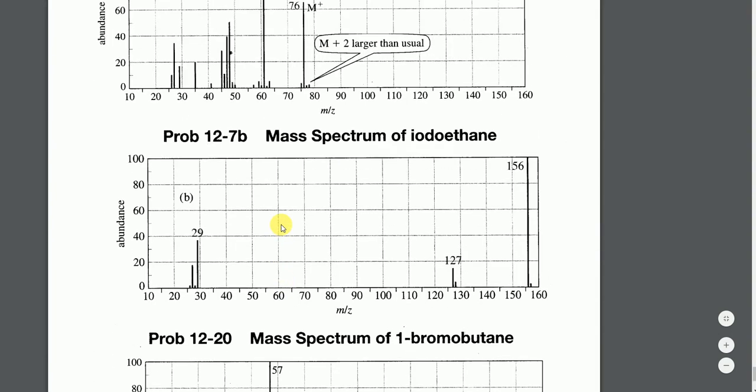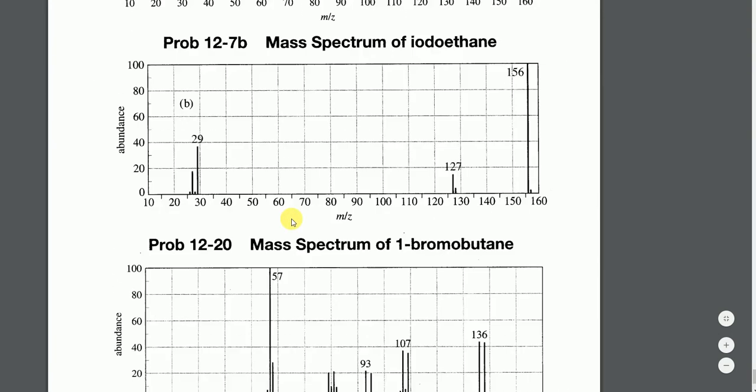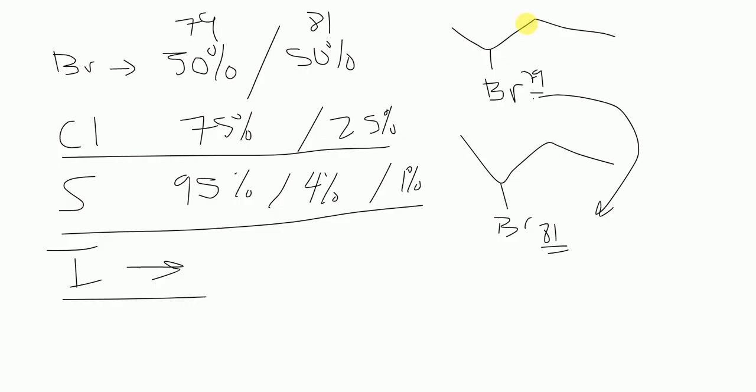And then finally, the last one is iodine, okay? Iodine, I'm going to talk about very quickly. It has 100%. There's only one form of iodine, right?